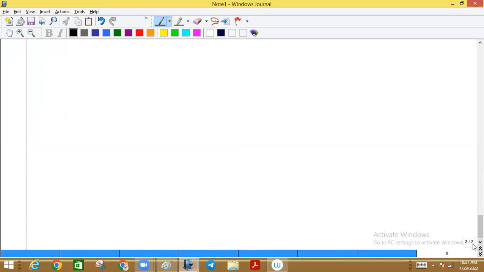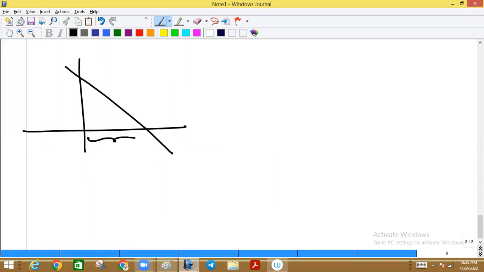Next, if a line is given like this, see if it cuts, this distance is 4, this distance is 5. Understood? So that's called y-intercept and this is called x-intercept.